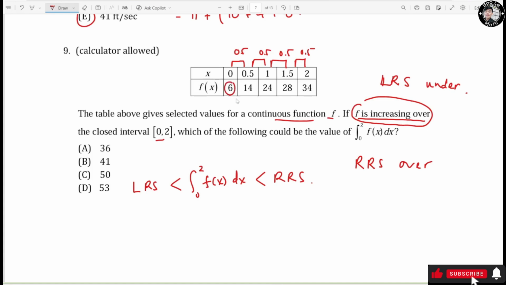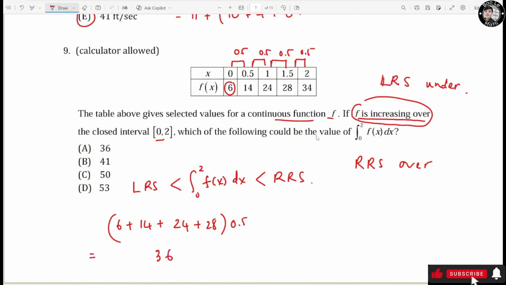So the left sum is going to be 6 plus 14 plus 24 plus 28, and then times the same width, right? I factor 0.5 out, right? So I'm going to simplify. This is 20 plus 24, it's 44 plus 28, it's 72. 72 times 0.5 is 36, right?